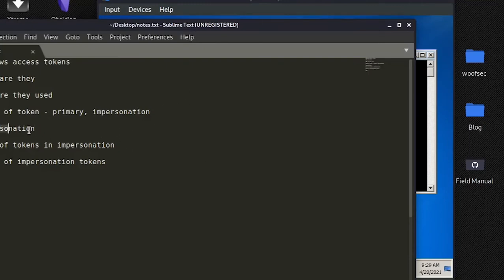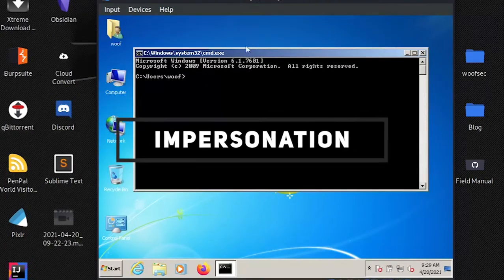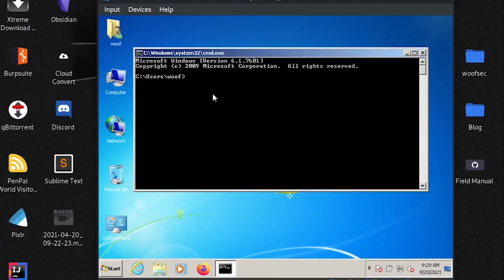So what is impersonation now? The main topic of our discussion. What is impersonation, and why did I talk so much about tokens? Let's jump to that topic. Let's say that on this machine there's only one user, woof, running here, but for the sake of our discussion, let us assume that there's another user, meow, running on the system.